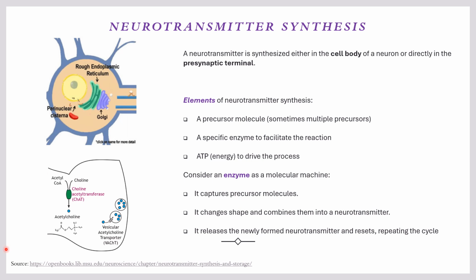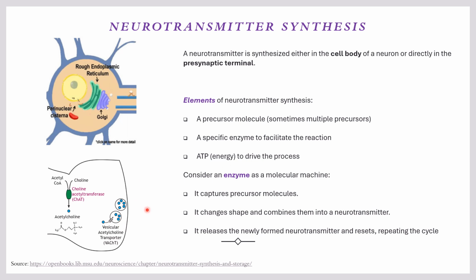Also, there is another way of synthesis of the neurotransmitter here at the terminal, and an example of a neurotransmitter synthesized here is acetylcholine. It is known for its role at the neuromuscular junction, the synapse between a motor neuron and the muscle fiber.